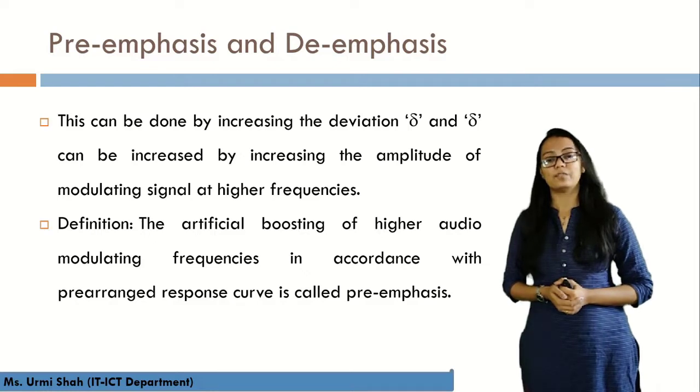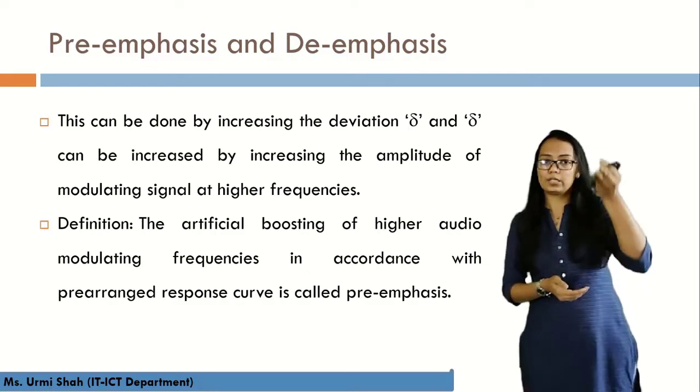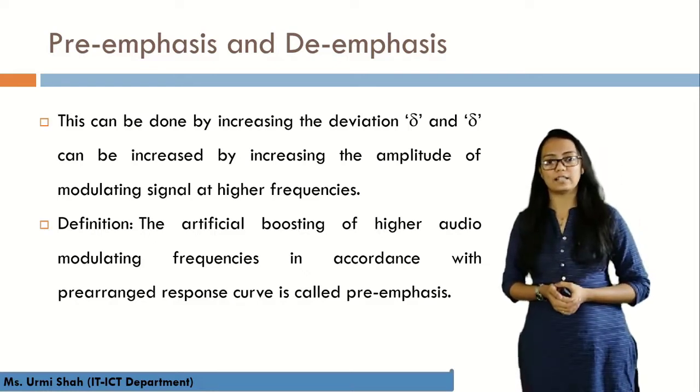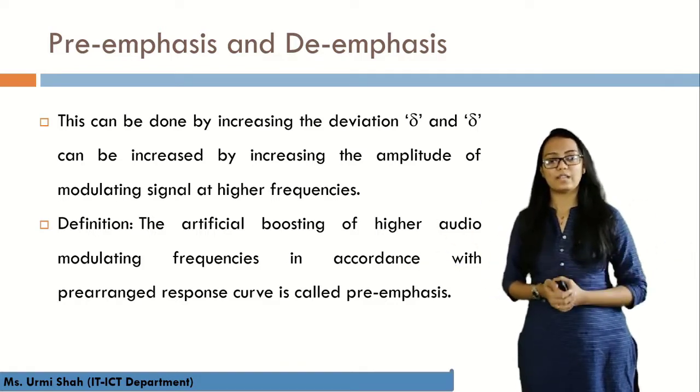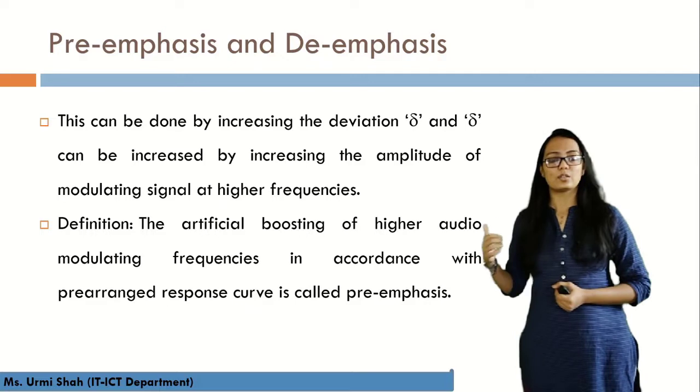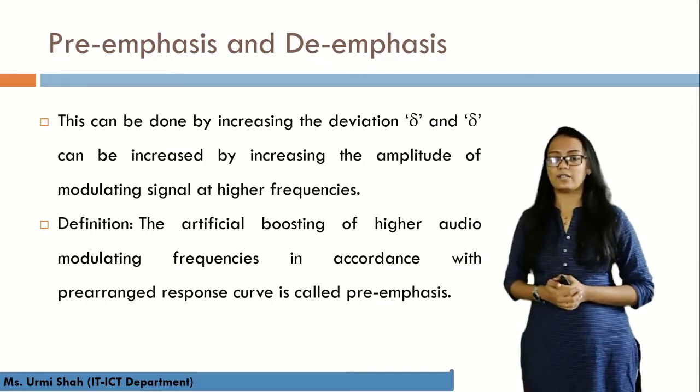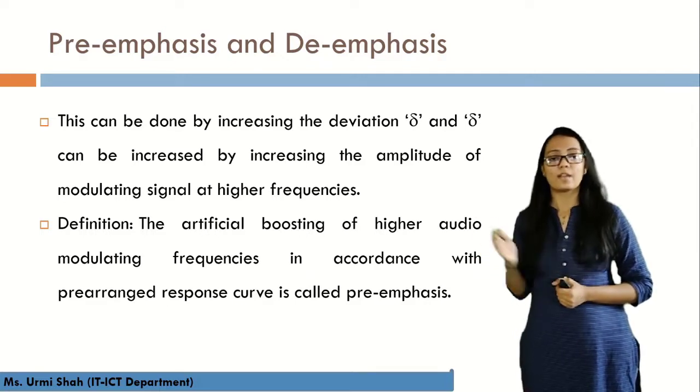We increase the amplitude of the modulating signal so that we can have maximum deviation, such that the signal can be transmitted from the transmitter end to the receiver end without any interference, distortion or noise being introduced into it. This is the reason why we use preemphasis.